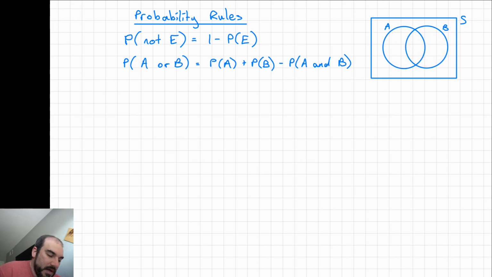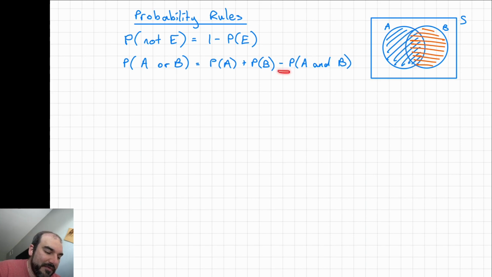But if I add them separately like this, that would be adding everything in A plus everything in B. And what happens when we do that addition, just blindly adding the two spaces together, is we count this middle intersection space twice, right? That gets added in twice.